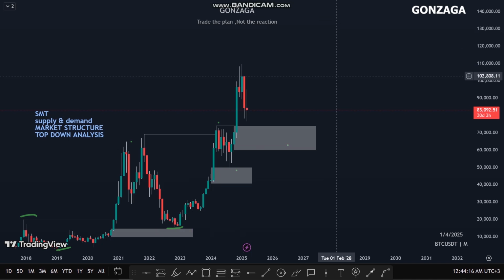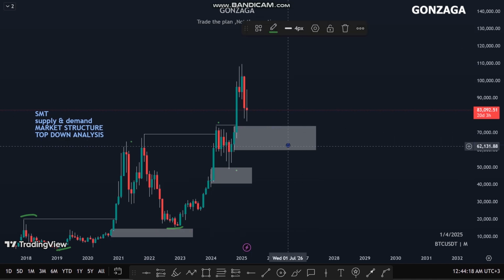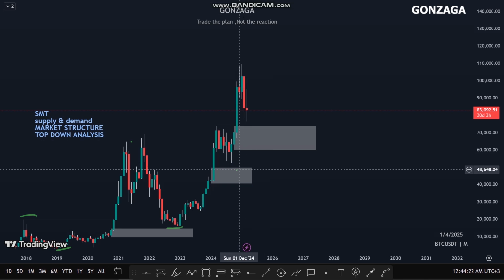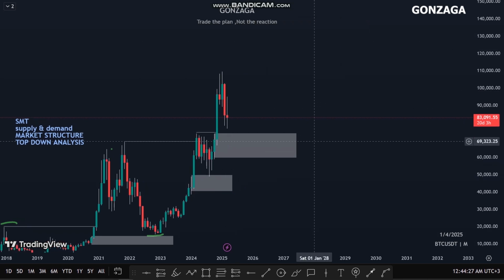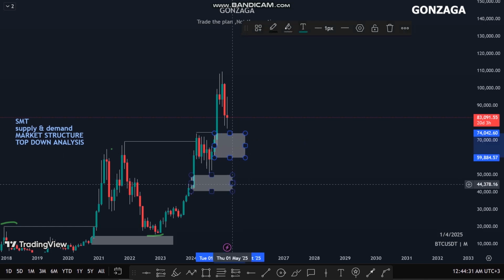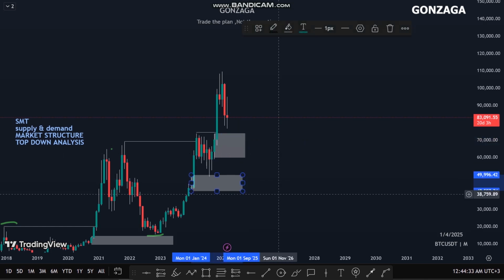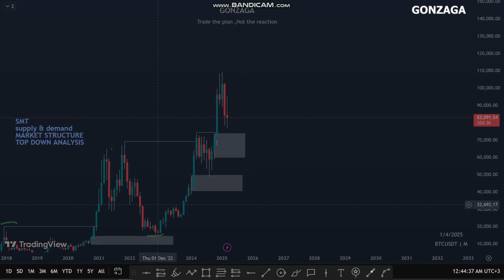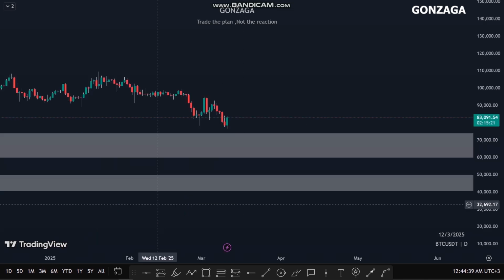Let me first remove this so that we make things look smart and easy to understand. As we have seen that this is our demand zone in the monthly time frame, we head over to the daily time frame to see what's there.